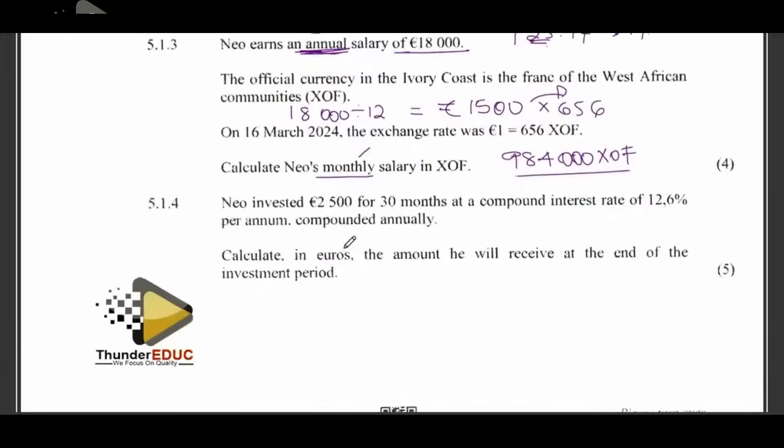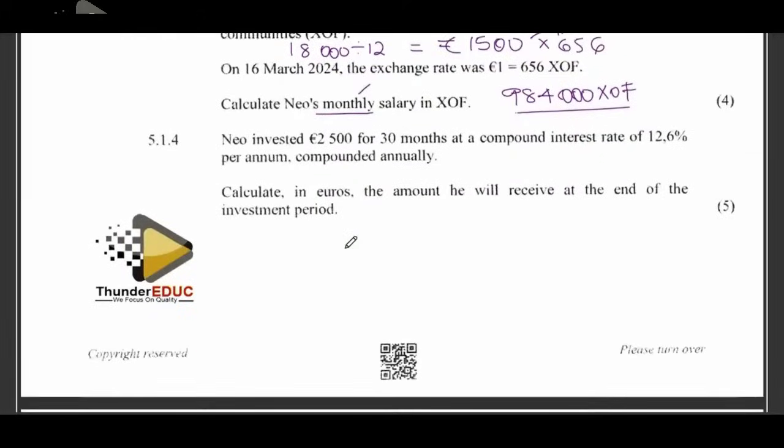All right, here we go. Neo invested 2,500 for 30 months at a compound interest of 12.6 per annum, compounded annually. Calculate in euros the amount he receives at the end of the period.